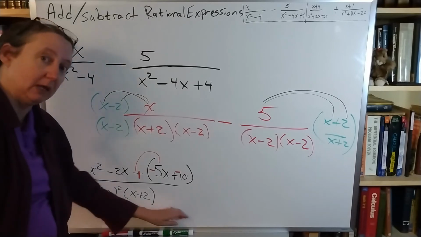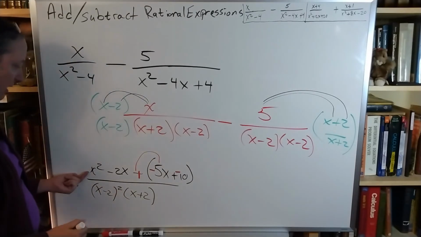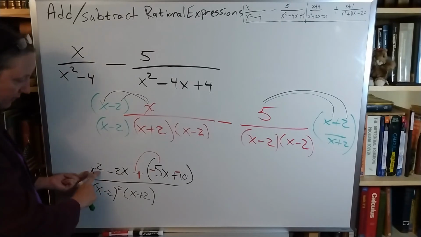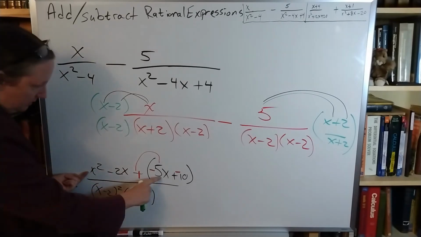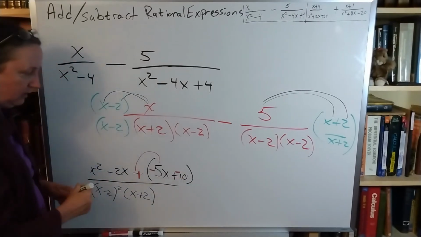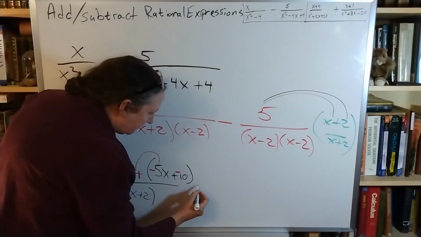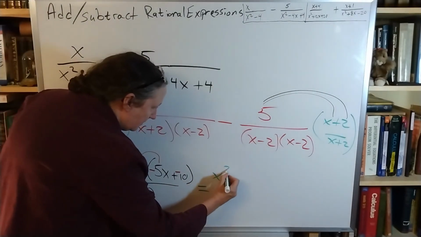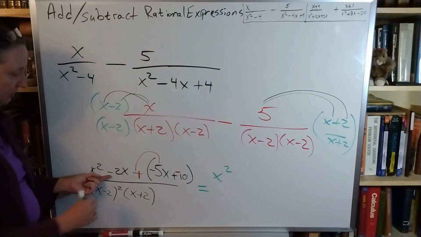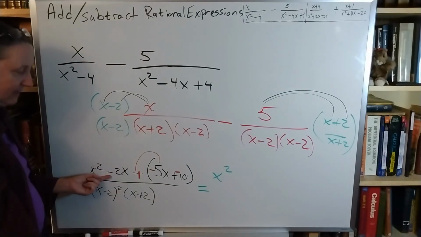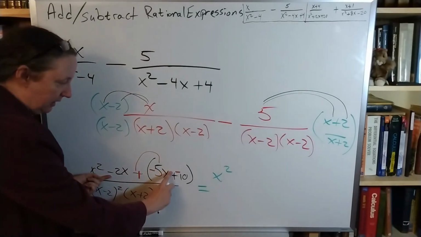Now I need to combine my like terms. I have an x squared. Do I have any other x squareds? No, no, no. So I have x squared on top. I have a minus 2x to the first power. Do I have anything else to the first power? Yes.